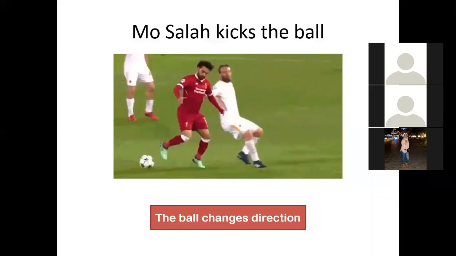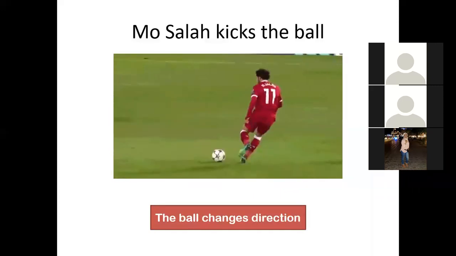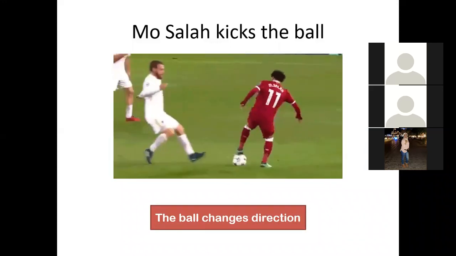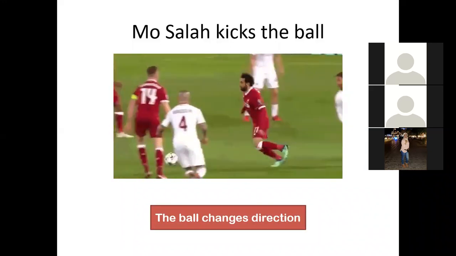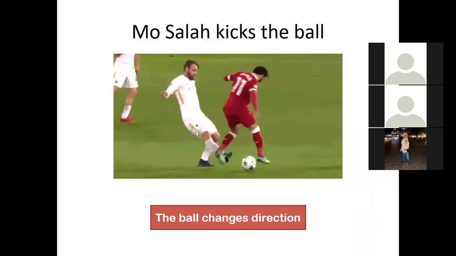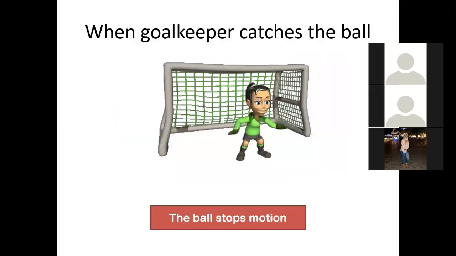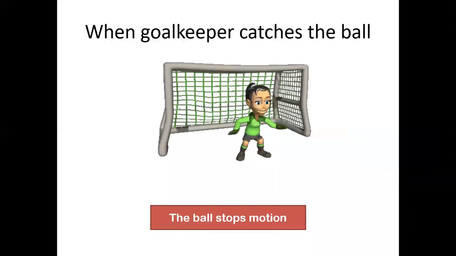So the first case was that you have something that is not moving and you want it to move. The second thing is that you have something that is already moving, but you want to change its direction. The third thing is that you are a goalkeeper, for example, and you already have an object that is moving, but you want to stop it. Okay, so it's the opposite of the first case.